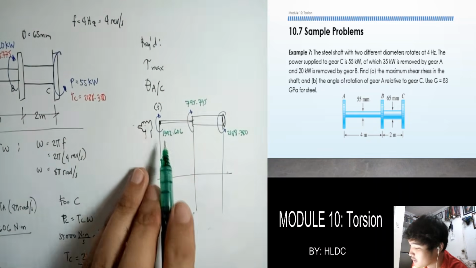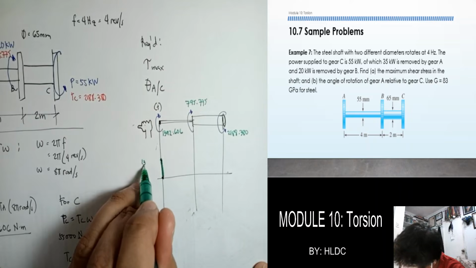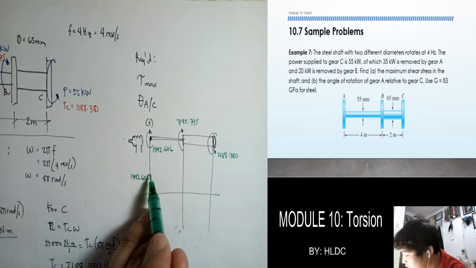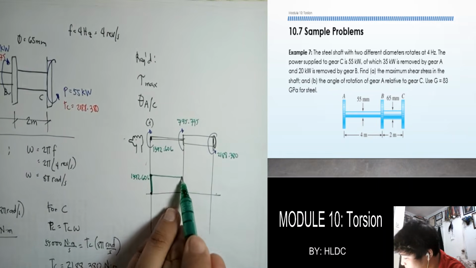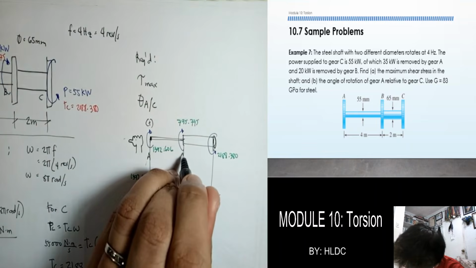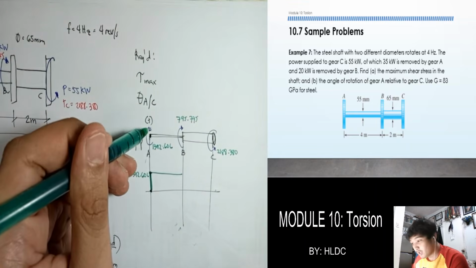Okay, so nangyari, class, positive. So, aangat. So, ito is 1392.606. And then, walang torque pagitan ng A to B. So, lagyan ko to A, B, C. And then, from B, meron na namang torque na same direction nito.